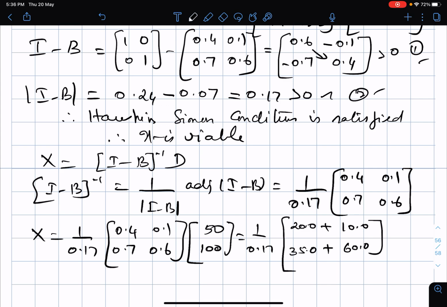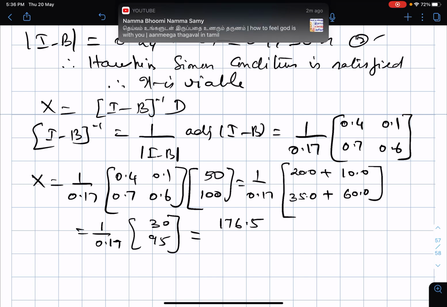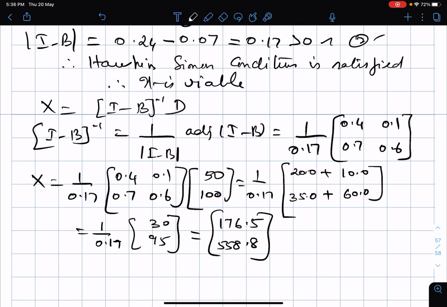So your answer is going to be 1 by 0.17 into 30 and 95. When you divide by this decimal, you can use your calculator: 176.5 and 558.8. This is going to be our gross output x1 and x2.